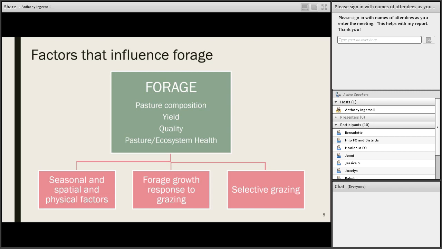And we also have to consider the factors that influence selective grazing and how that in turn affects pasture composition, yield, quality, and the health of the forage resource. It's all important stuff to be aware of. And all these things in the pink boxes are related to the factors that affect plant vigor that we discussed two webinars ago, if you step back and think about it from the big picture. So let's get into some of these.